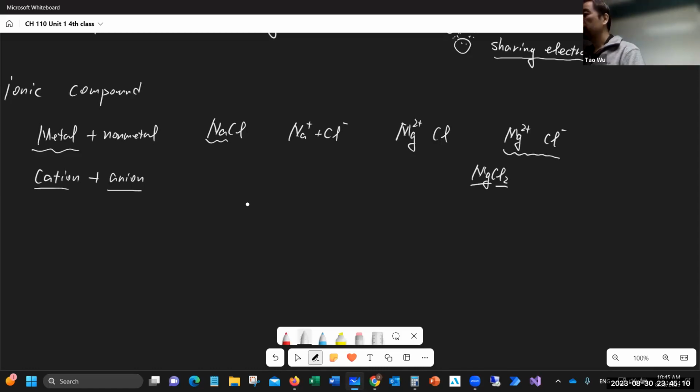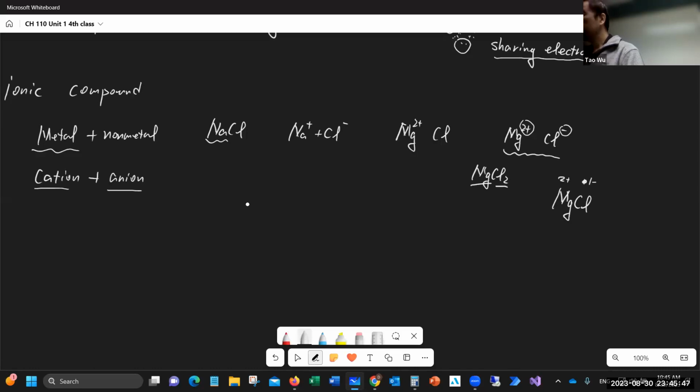For example, magnesium has a 2 positive charge, and chloride only has a 1 negative charge. When those two combine, it should be neutral. If you just have one chloride combined with one magnesium, this is not neutral, because one is 2 positive and the other is 1 negative, so we still have a 1 positive net charge.